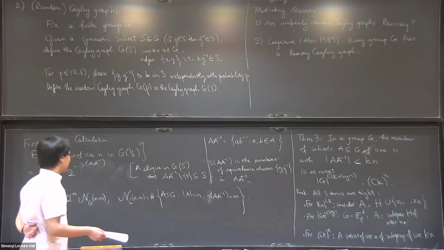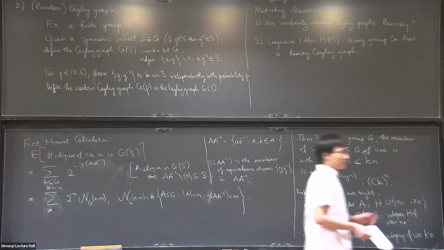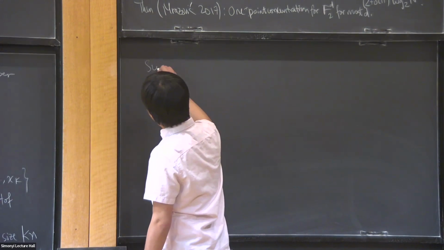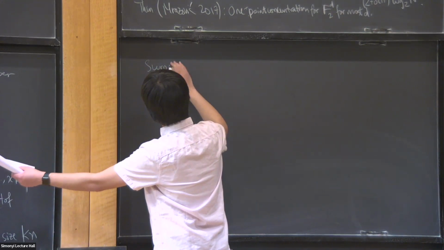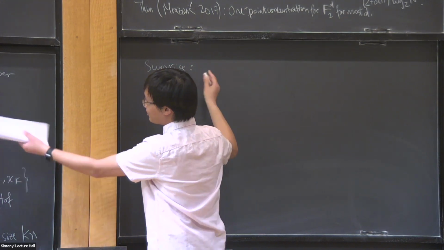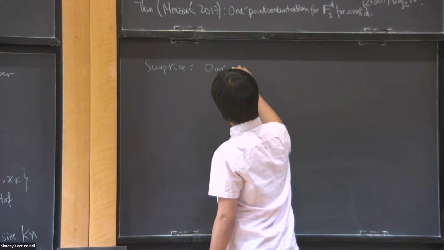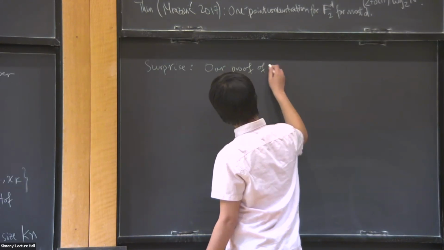So now the surprise, which is the same surprise as yesterday, is that this theorem 3, which is completely group theoretic and additive combinatorial, has a proof that is again purely combinatorial.